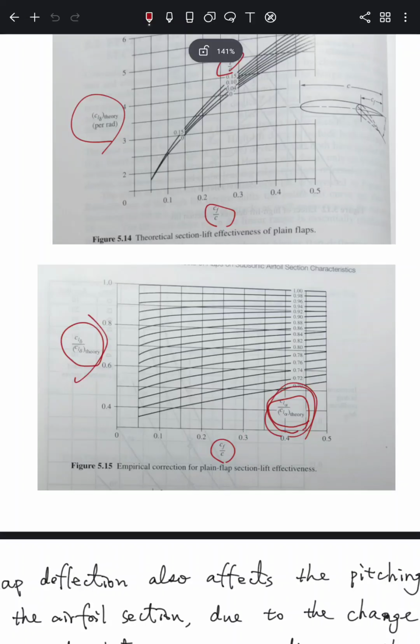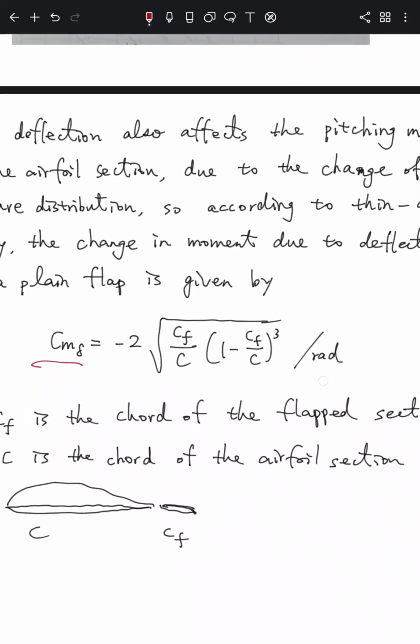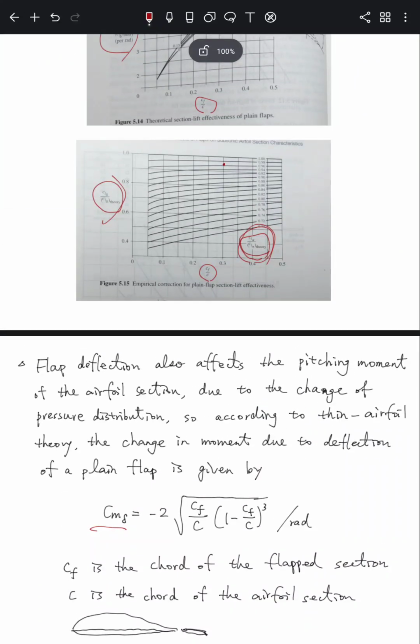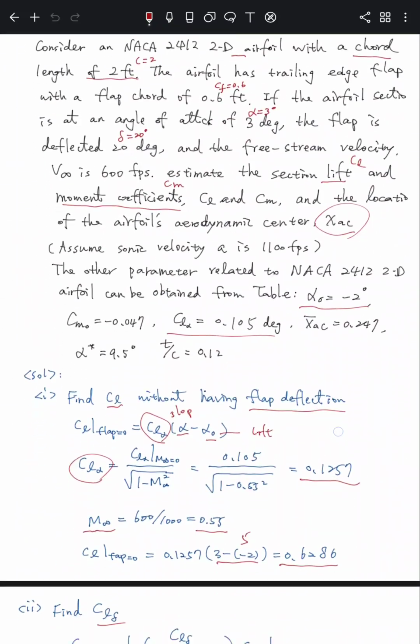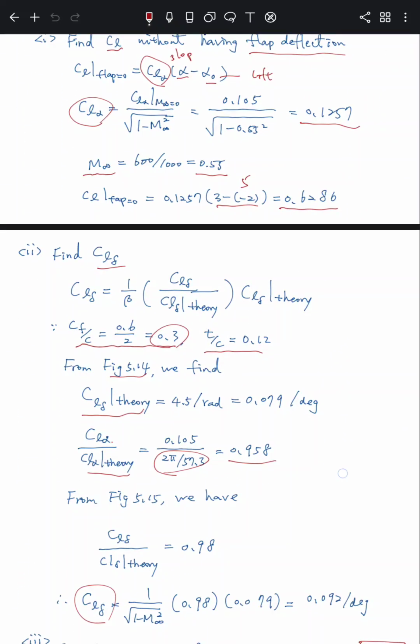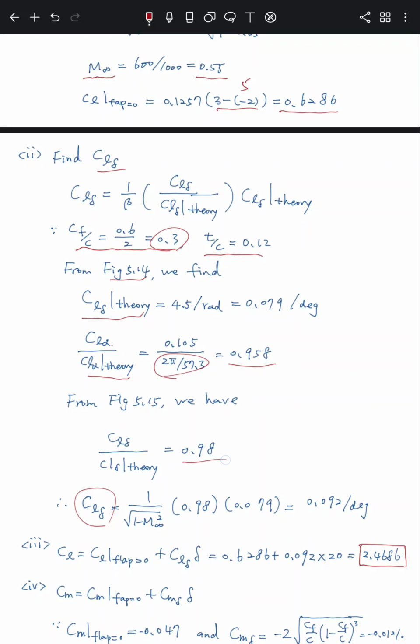So at 0.3, and with the value we calculated, 0.96, it is roughly about here, I guess. So it is about 0.98, roughly somewhere like this at this point.